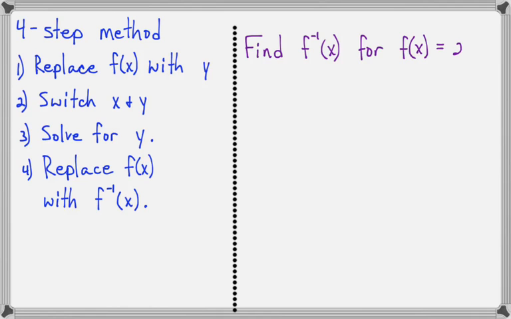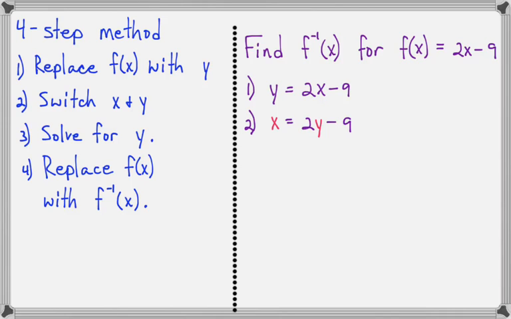So now let's find f inverse for f of x equals 2x minus 9. And here I've already done the first step. I've replaced f of x with the letter y. Now in step 2, we will literally switch places with x and y, not the terms, just the letters. So the y becomes an x. And then here where I had 2x, that's going to become 2y.